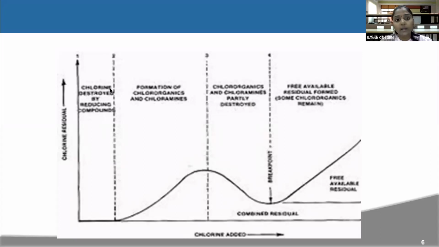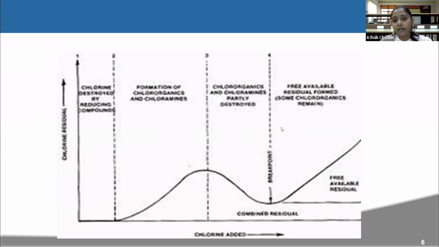So first you have to add the chlorine, and step by step we have to increase it. If you add 3% chlorination, some residual chlorine is present, that's why the graph increased. Later you add some more chlorine, and a lesser amount of chlorine is present, that's why the graph decreased.